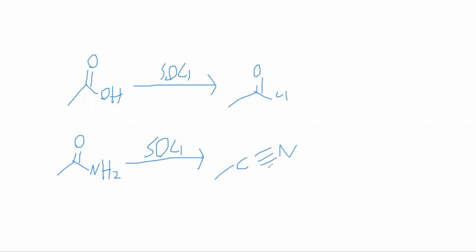So very, very different, even though it's using the same reagent and they're both carboxylic acids or carboxylic acid derivatives. So this might be good to be aware of that drastic distinction. It's kind of important. So yeah, those are some carboxylic acid derivative reactions that would be good to be aware of.